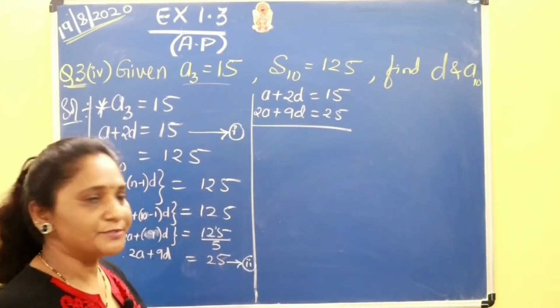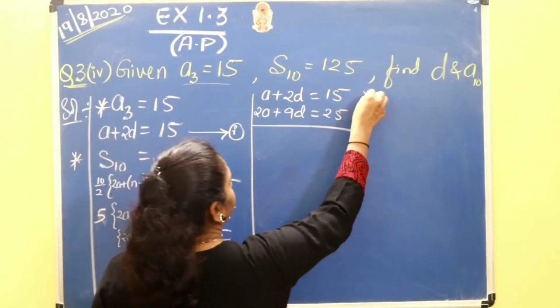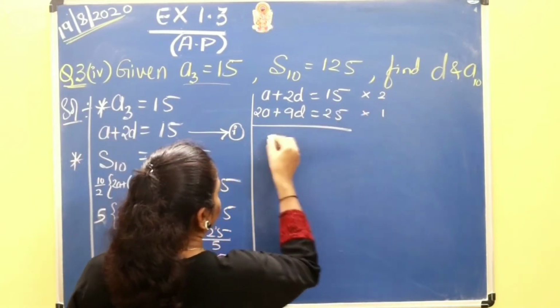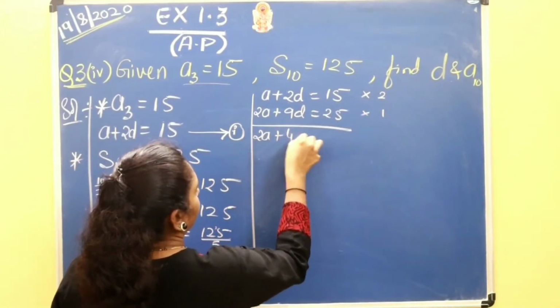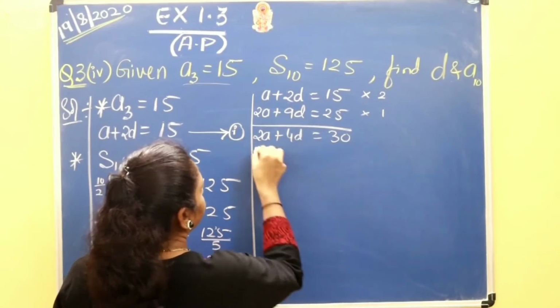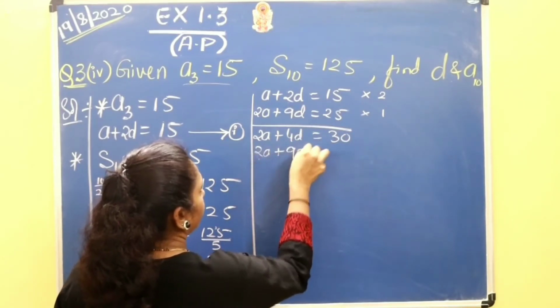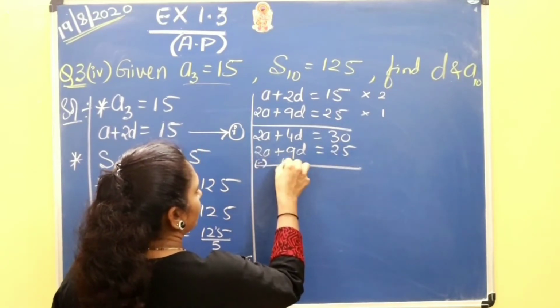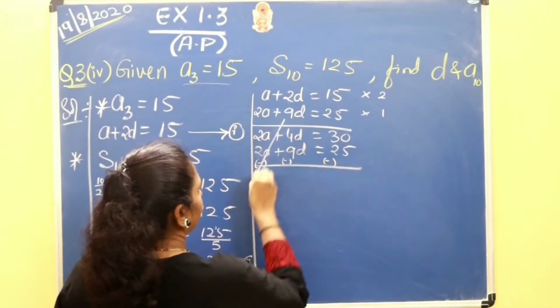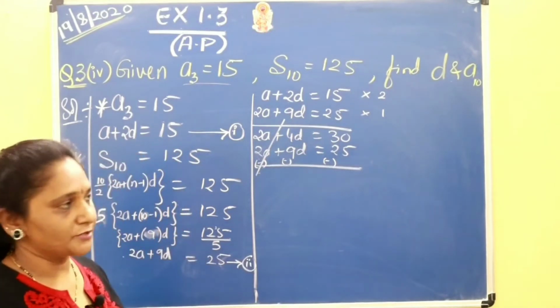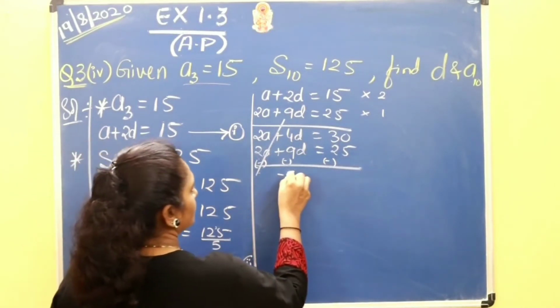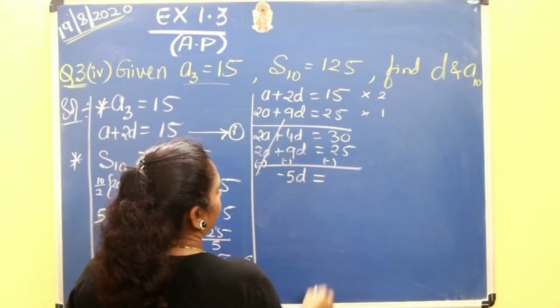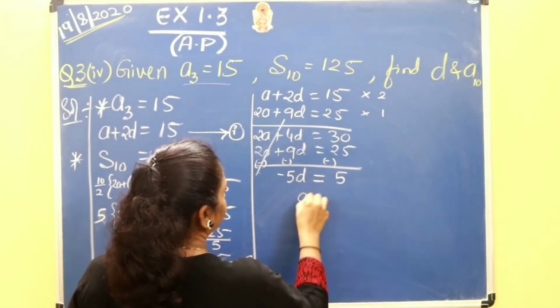These are simultaneous linear equations; solve them by using any one of the methods. Multiplying the first by 2 gives 2a plus 4d equal to 30, and 2a plus 9d equal to 25. I am using the elimination method here, eliminating the first term a. I have got minus 5d equal to 5.